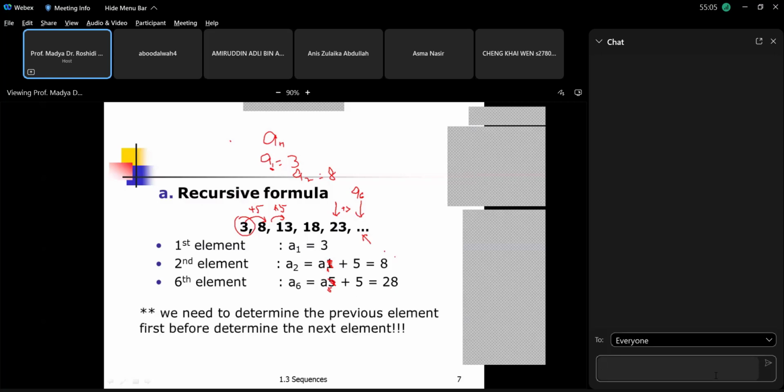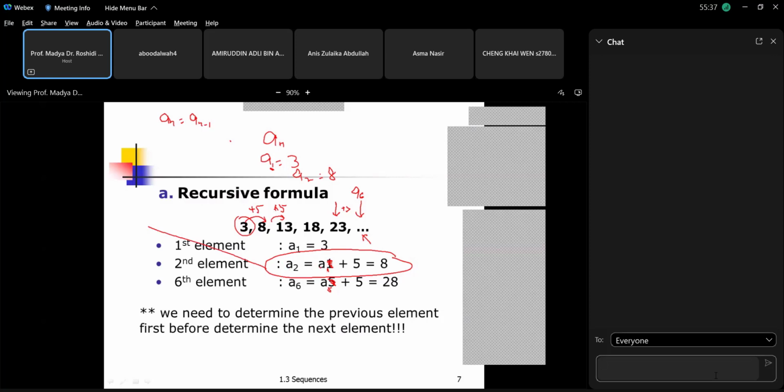So this is the pattern of the sequence. Based on this sequence, we can get the pattern. This pattern we formalize as an, referring to a1, a2 and so on. So an equals an minus 1, because here an, here a2, a1 and a2.